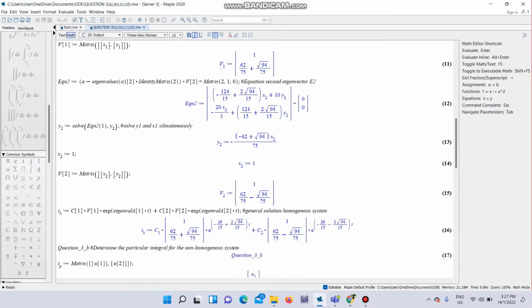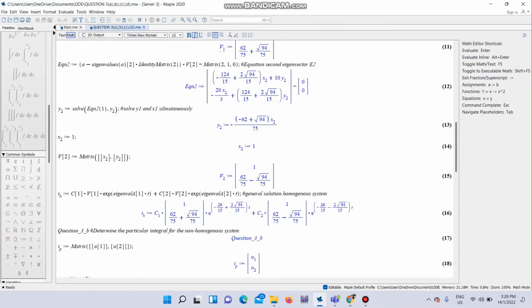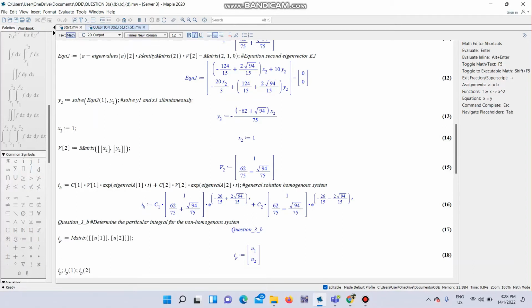Also the last part for question 3a is the answer that we get, the general solution of the homogeneous system. So this is the value of the IH. It is the same answer that we get from the manual calculation, so I determined that this is the correct answer.